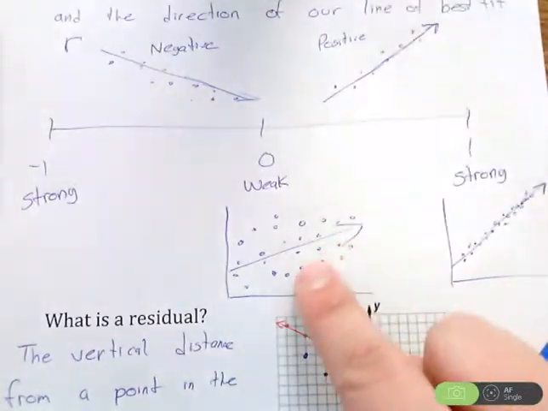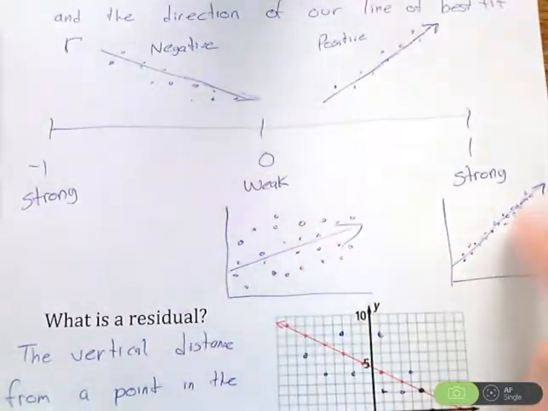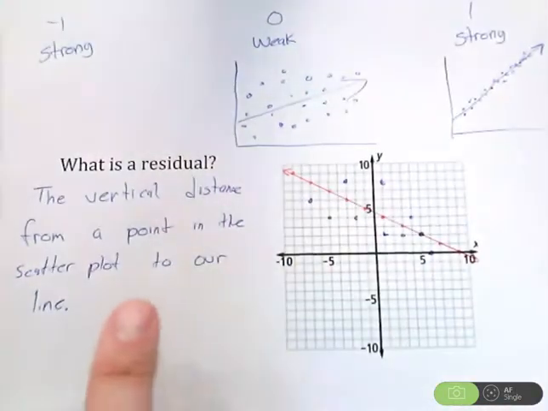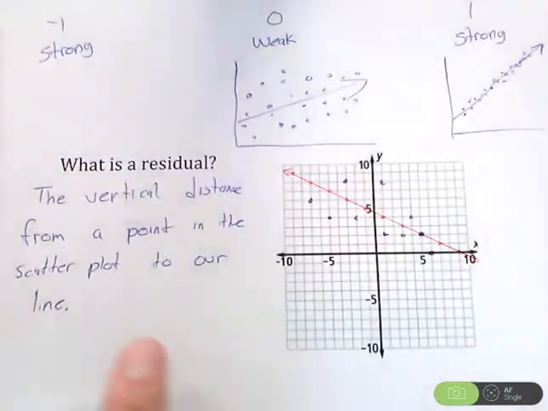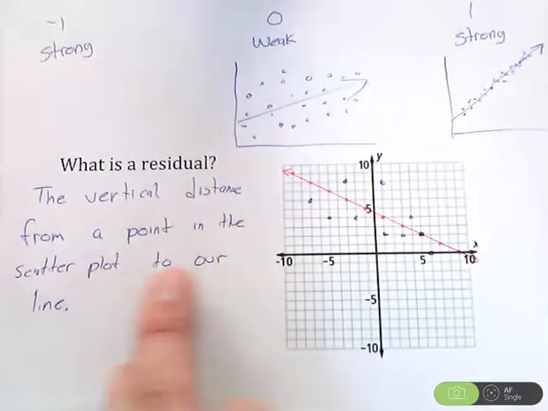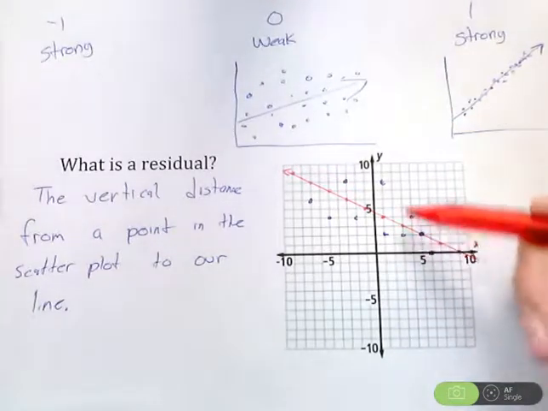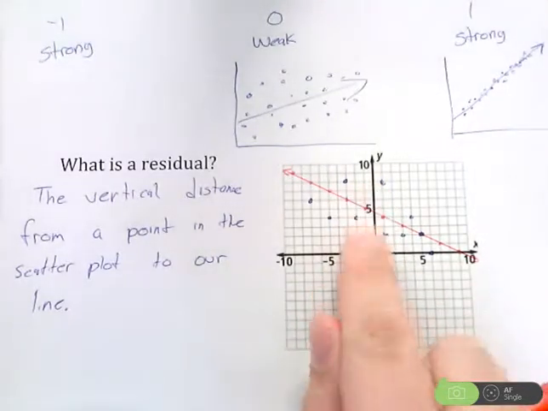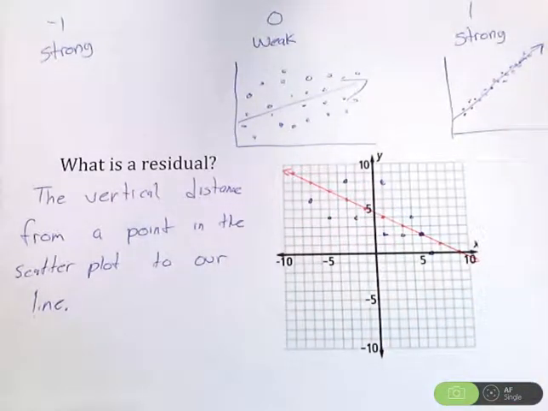The other way we could talk about the spread of these points around our line of best fit is with this last vocab word, a residual. It's the vertical distance from a point in the scatter plot to our line. I made a basic scatter plot and a line of best fit. A residual is the vertical distance from a point to my line of best fit.